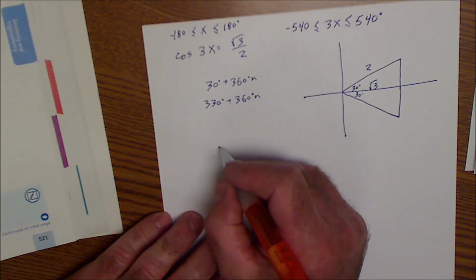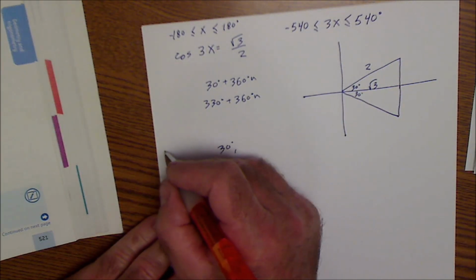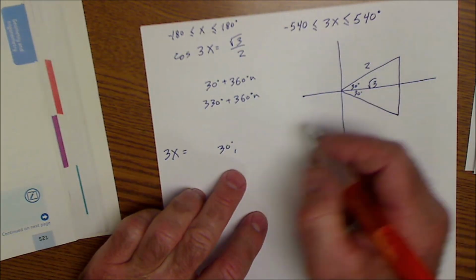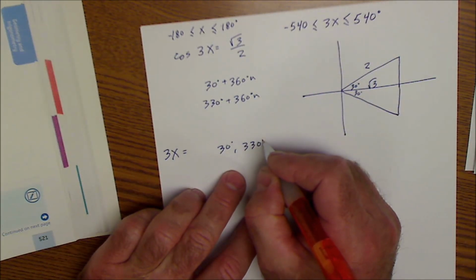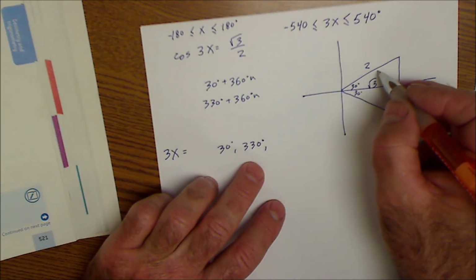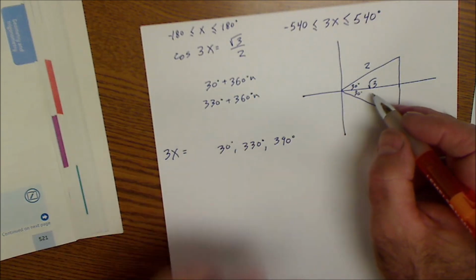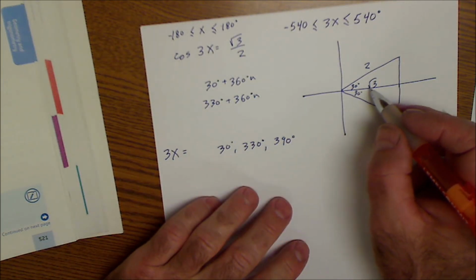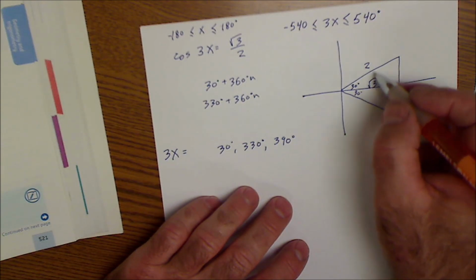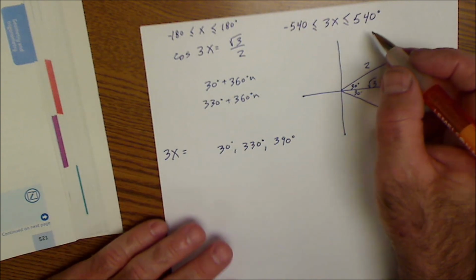So 30 would work. 330 would work, remember this is 3x. I could go 360 plus 30, 390 would fit in there. But 360 plus that 330 would be outside that domain, so that will not work.